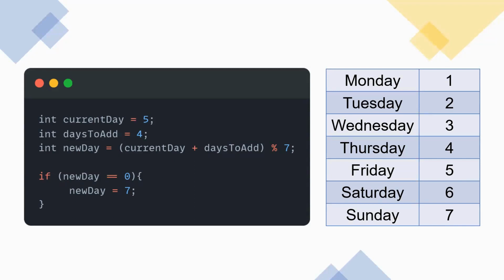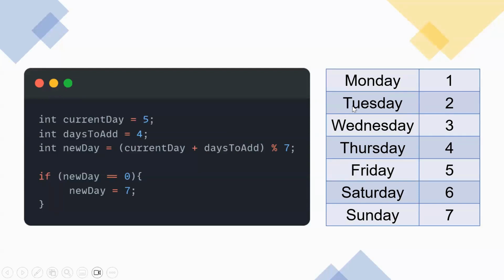Okay, so 5 plus 2 will be equal to 7. 7 modulus 7 will be equal to 0. Okay, but based on my table, there's no 0. So I need to add a conditional statement, as you can see here. If new day is equal to 0, then my new day is equal to 7, which is Sunday. Okay, so that's the purpose of that little conditional statement.